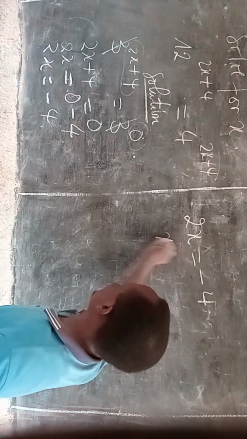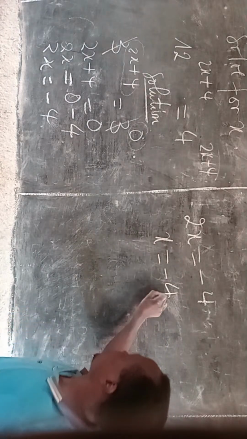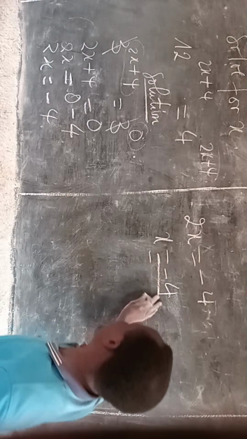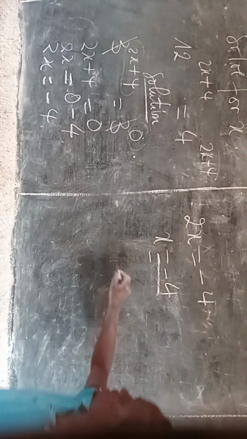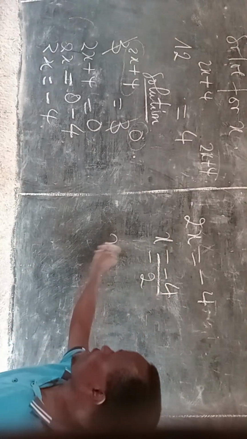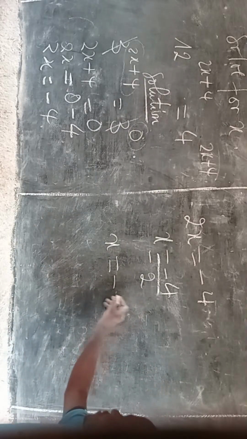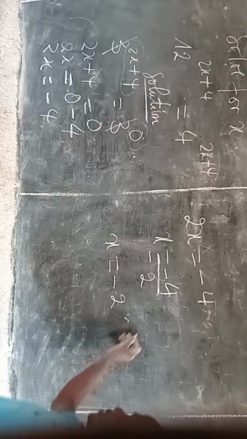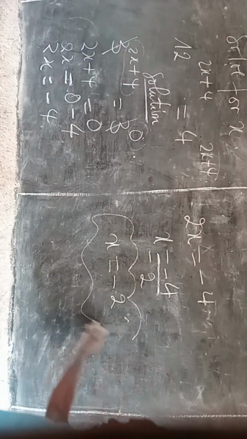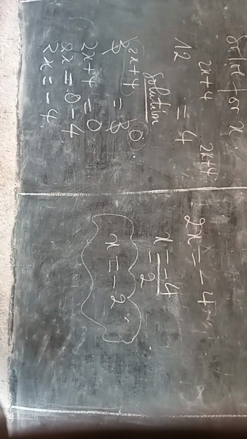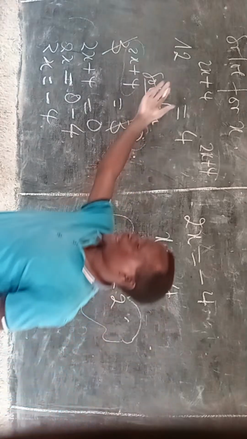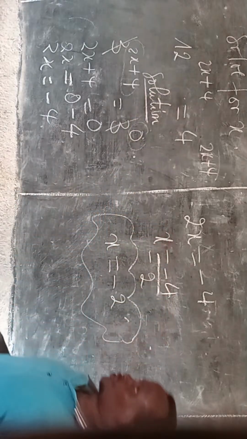It is x will be equal to minus 4 over the coefficient of x. Now x will be equal to minus 2. This is the final solution about how to solve this exponential equation.